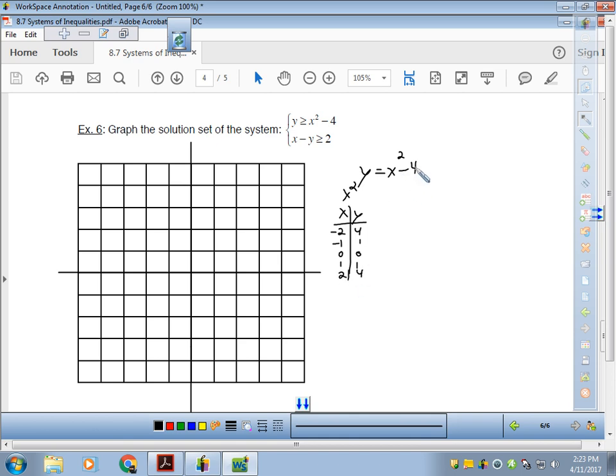This one, though, has been shifted down 4, so the x's are going to stay the same, but we're going to subtract 4 from the y's. So we'll have negative 2, 0, negative 1, negative 3, 0, negative 4, 1, negative 3, and 2, 0.